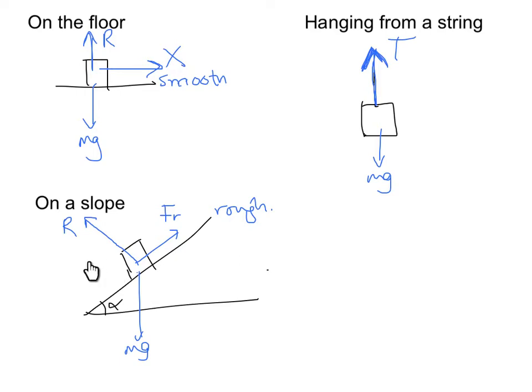So if somebody is using their finger to hold the particle onto the hill so it doesn't fall down, then we wouldn't draw it like that. We draw it like this. And actually, when you think about it, it's possible that that force, that X force, even though it's not parallel to the hill, but into the hill horizontally, might actually cause the particle to move up the hill if there was no friction.